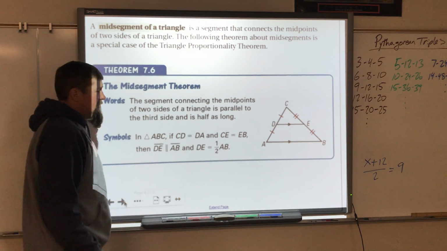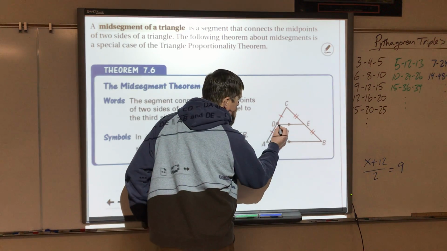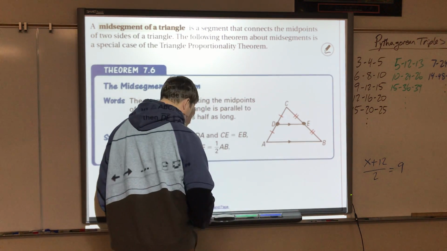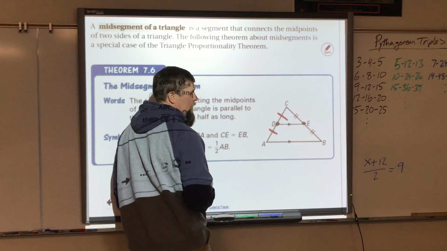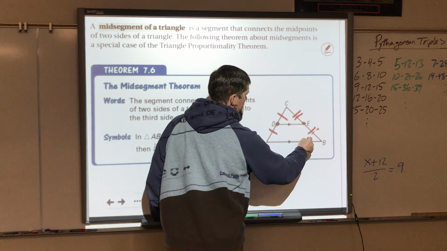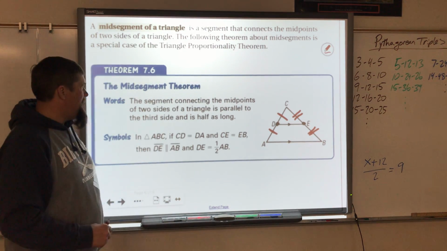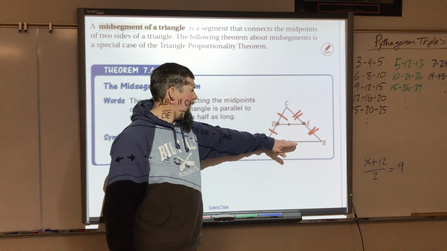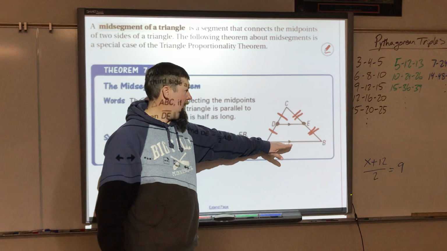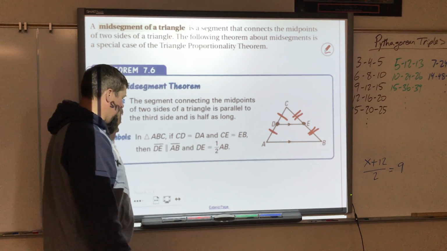If these two are midpoints, you notice that they are because you've got congruent segments there and congruent segments there, then DE is parallel to the bottom side, and it's half the length of the bottom side.